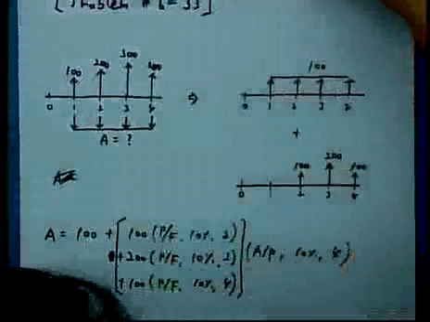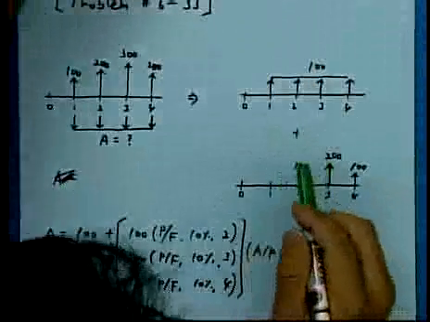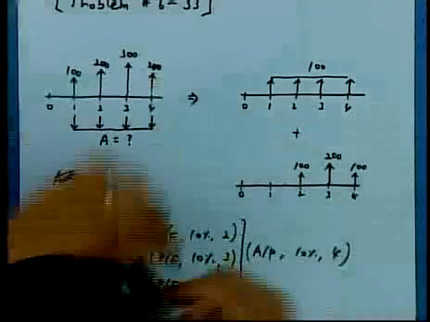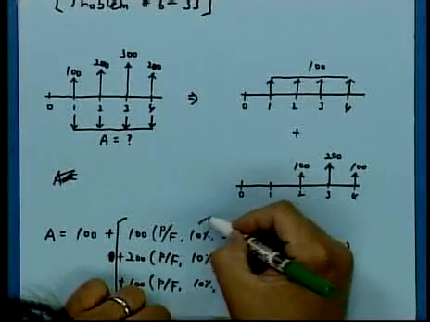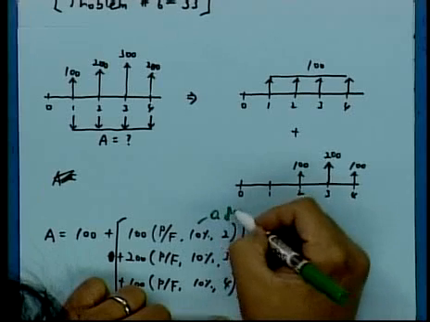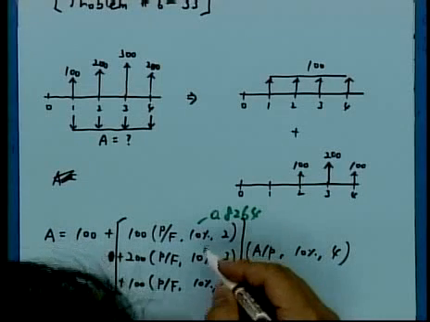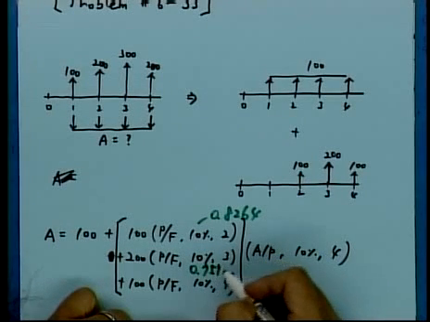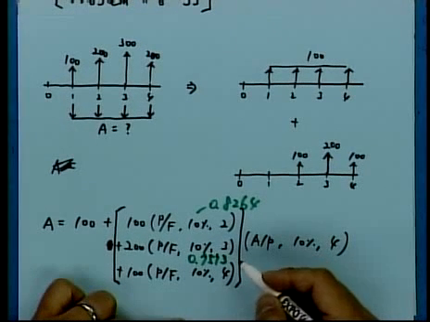You're looking at a 10% interest rate, P given F over periods 2, 3, and 4. So this is 0.8264, 0.7513, and 0.6830.